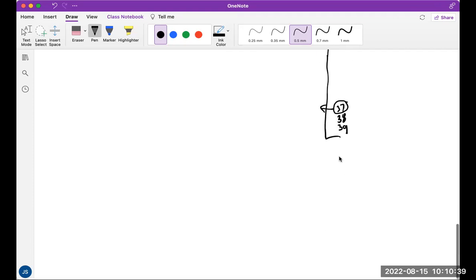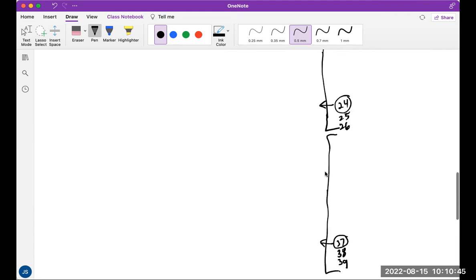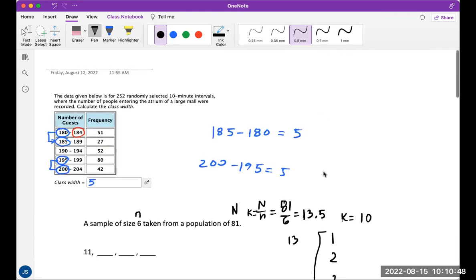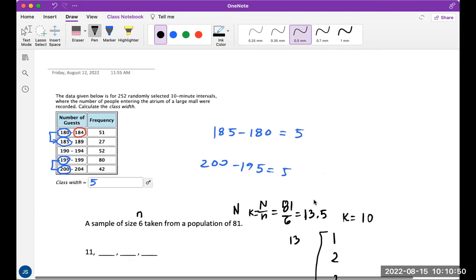So because we know there's 6 groups of 13 in 81, we're going to make sure that we get all of the 6 samples that we need. And because 13 was the largest whole number that goes into 81 six times, then we know that it's spaced out as much as we could space it out.